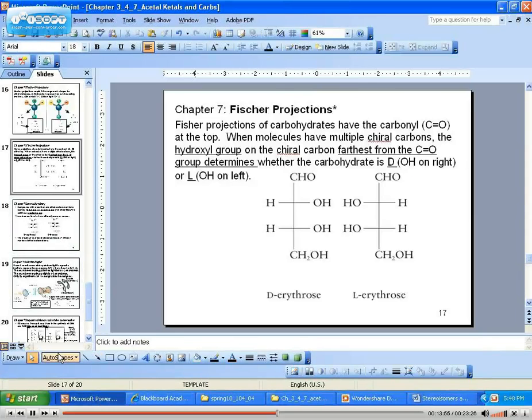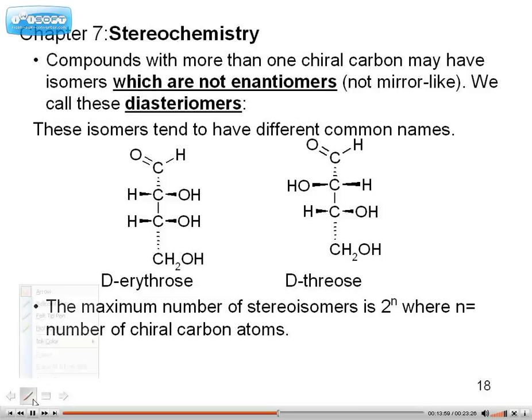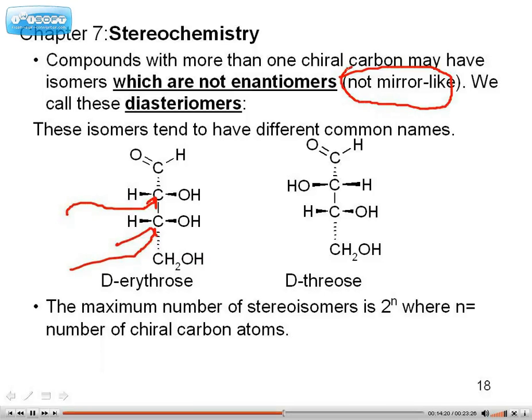Okay, so going back to our slides, it turns out that when you have multiple chirocarbons, you can have multiple stereoisomers that can form. Some of them may be mirror images, some of them may not be. If you have stereoisomers which are not mirror-like, then we call these diastereomers.